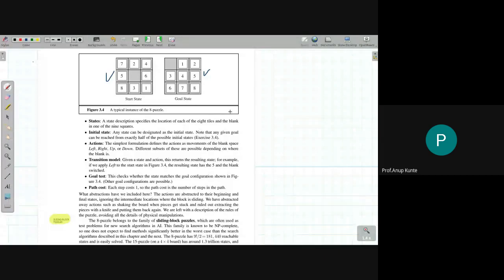Now, how do we represent this as a state space search, or as a problem that can be solved using a state space search based solution? State space search is a search technique that searches the state space for an action sequence that leads you from the initial state to the goal state. That is what state space search is. How is it connected to the problem solving agent?